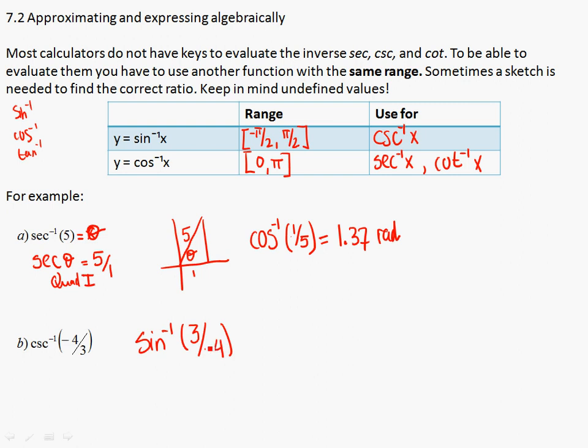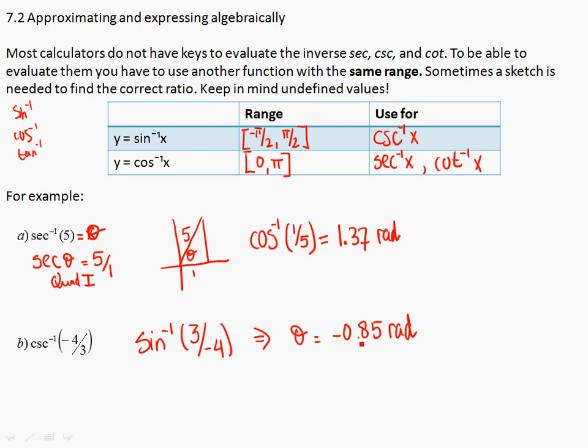If you put this in your calculator, this should work, and you would get an angle of negative 0.85 radians. So these two work the way that you would expect them to work. Notice that the ranges were given in radians, right? So yes, please write them in radians.